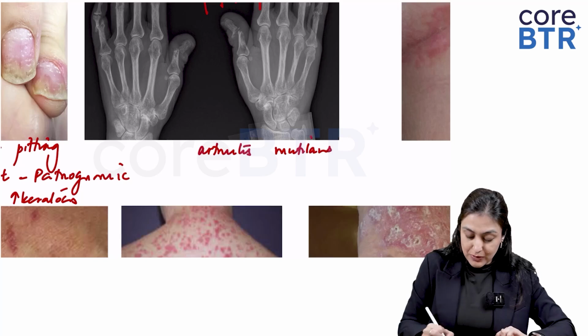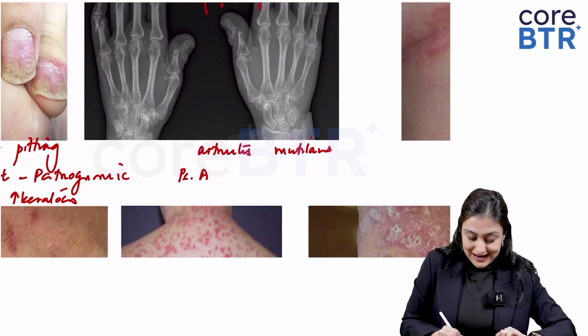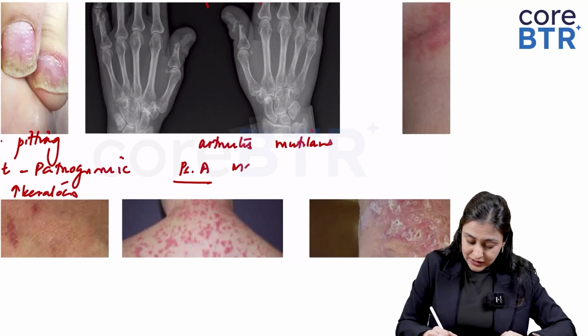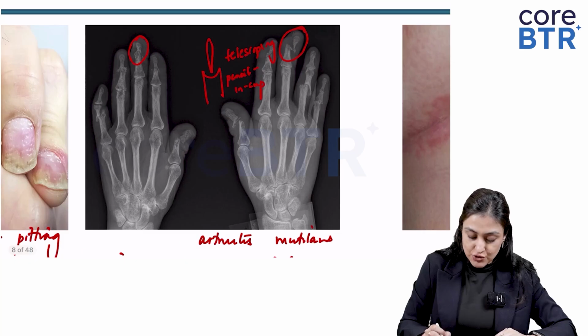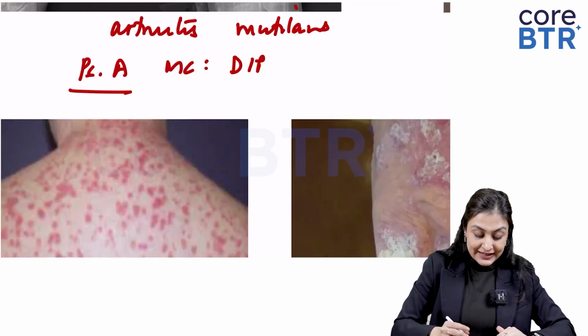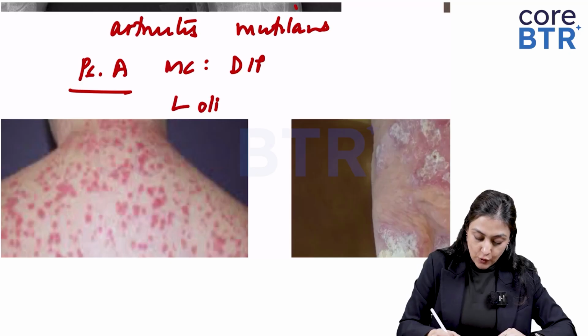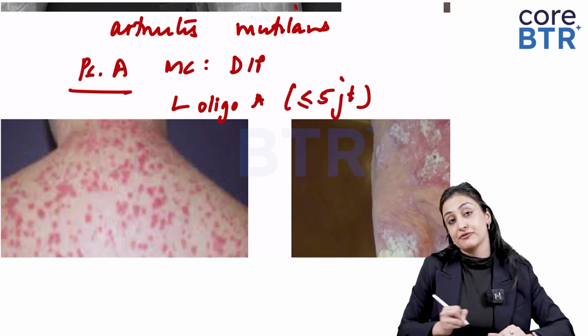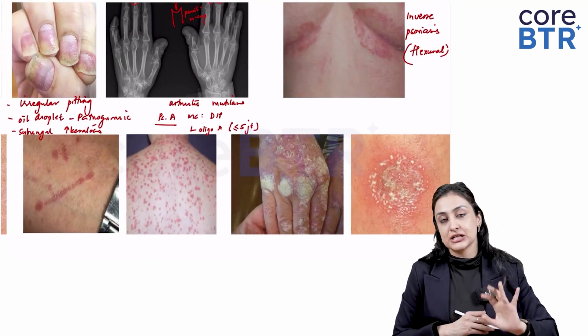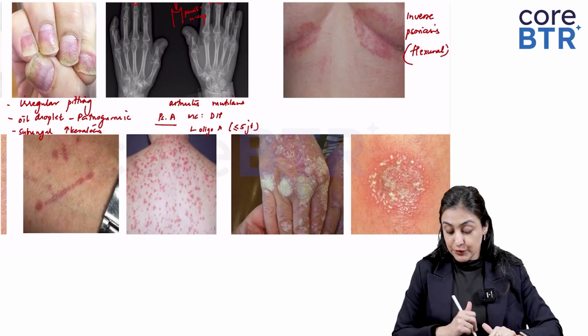So these are a few buzzwords for psoriatic arthritis. The most common joint involved is DIP. In this also you can see that DIP is most commonly affected. And the most common pattern is oligoarthritic pattern, meaning less than or equal to 5 joints affected. So that's psoriatic arthritis for you.